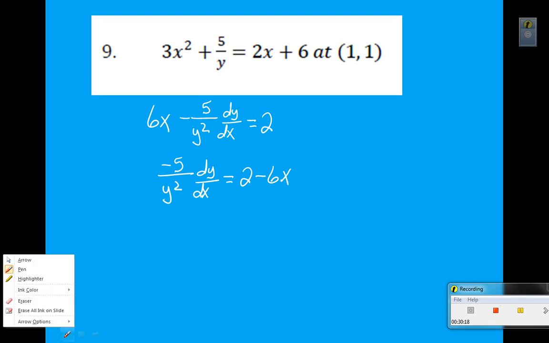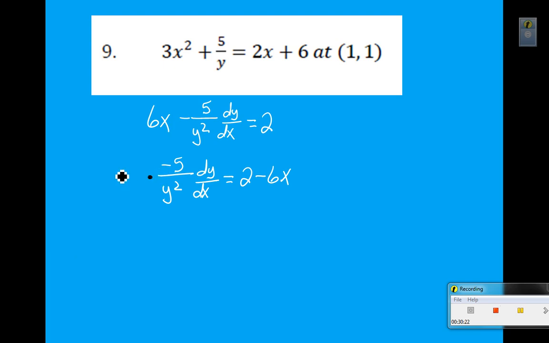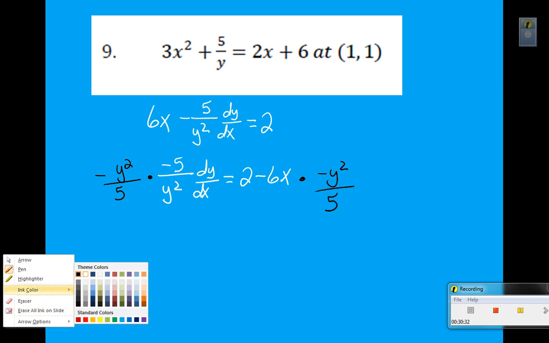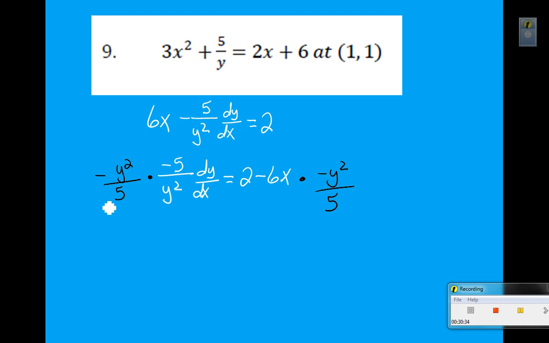Now, to solve this thing for dy dx, though, I'm going to multiply both sides by this reciprocal. Now what happens here? This is out of here, leaving me dy dx.